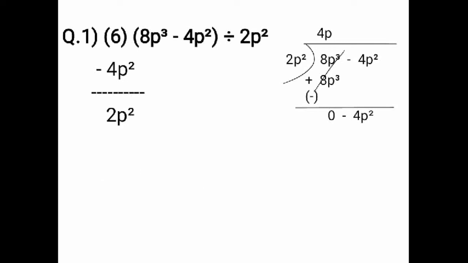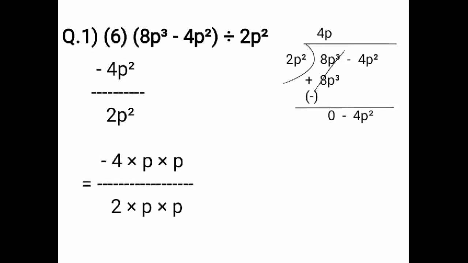Minus 4p square upon 2p square is equal to minus 4 into p upon 2 into p into p. Now you have to do cancellation. All this you are showing in the working column when you are dividing the polynomials. 2 ones are 2, 2 twos are 4. You don't have to cancel the minus sign because there is no other minus sign, only a single minus sign is there, on the numerator.